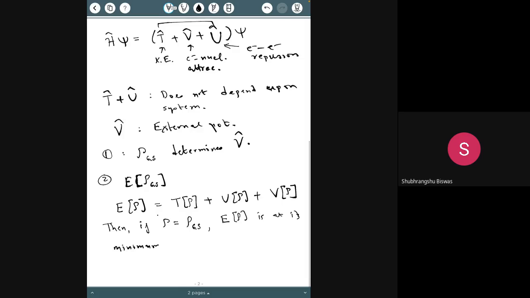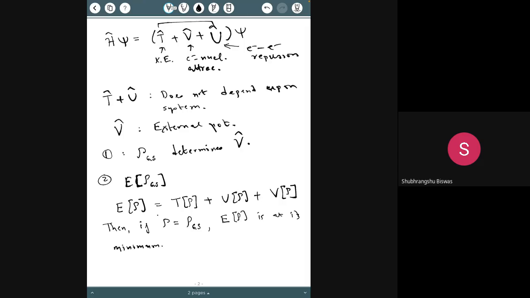This tells you how to determine the ground state energy: you write your energy as a functional of density, minimize it with respect to the density, and this minimum point will be the ground state density. You can feed it back to the functional to get the ground state energy.